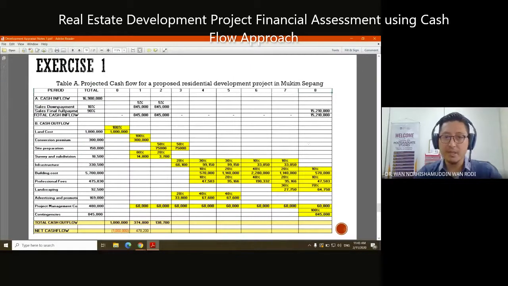So this is a very brief cash flow. We have all the elements of development, starting from land costs, pre-development costs, construction costs, and also last but not least post-construction costs such as advertising, project management, contingencies, and etc.